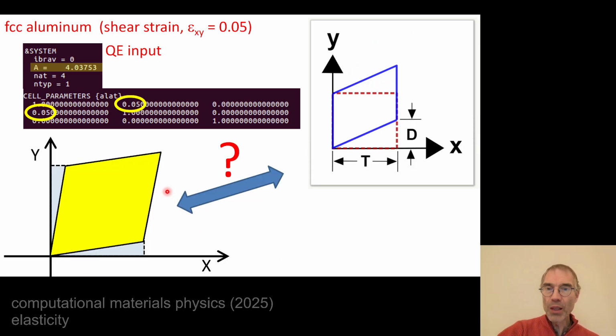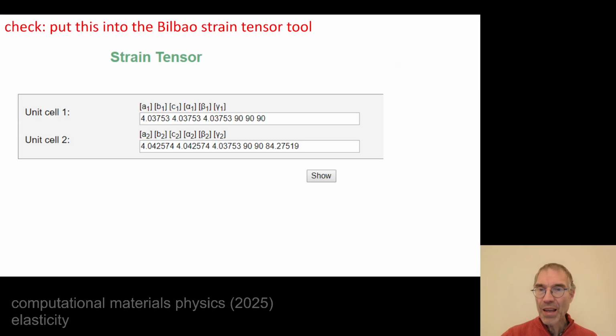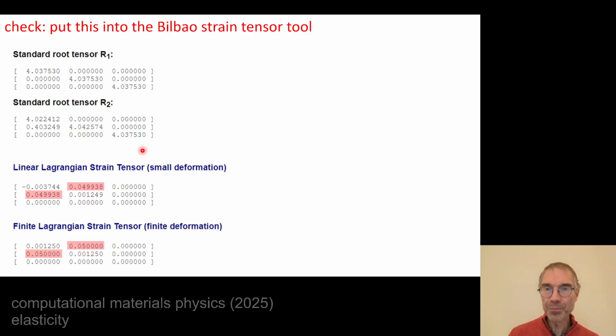Now, can we relate this, which has been defined by this 0.05, which you will recognize as the epsilon, to this engineering strain? And well, first we go to the Bilbao server, and I put there the lattice parameters and angles of the unstrained crystal, and then the ones of the strained crystal. And that shows you the strain tensor.